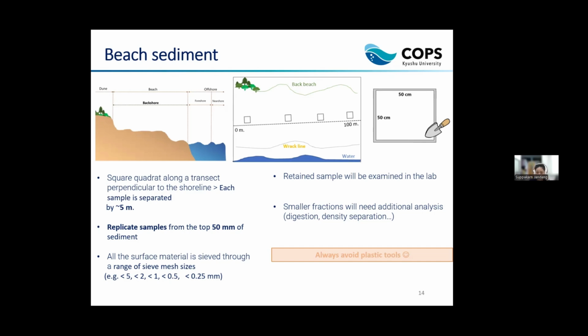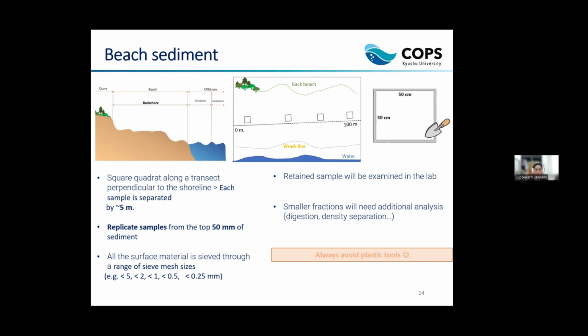What are you going to do to collect your sediment sample? First, you identify the area, place the tape, and put the quadrats like this from 0 to 100 meters. Maybe some of you have questions about the distance between each quadrat.